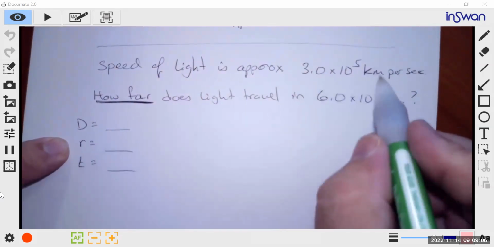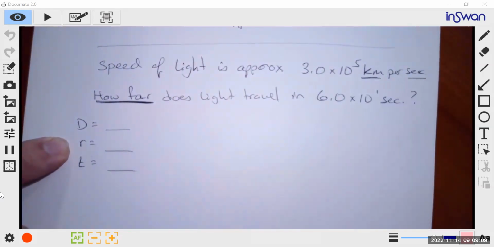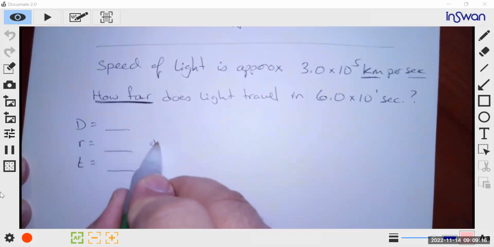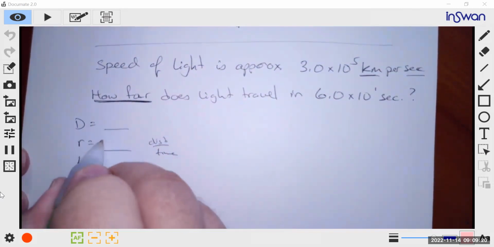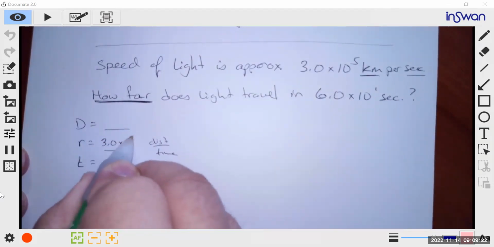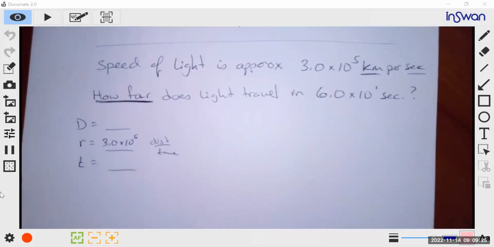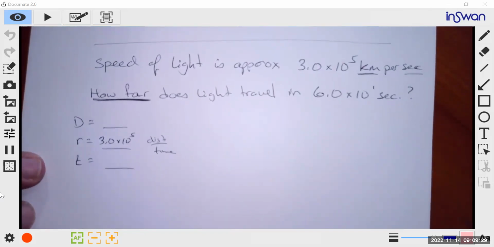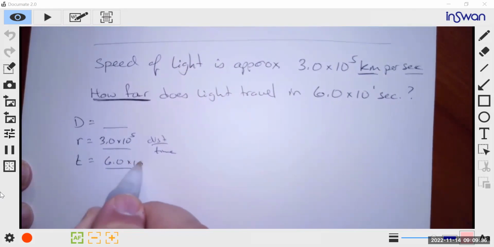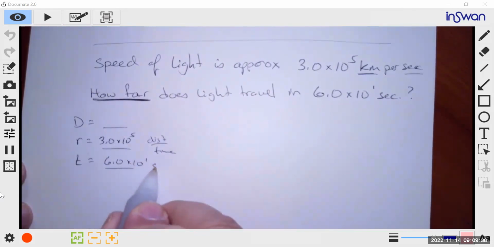No, rate is always a distance over time. Remember, speed is miles per hour, feet per second. So rate is always a distance over time. So this one is 3.0 times 10 to the 5th. What's the time? Which one of these deal with only time? 6.0 times 10 to the first seconds.